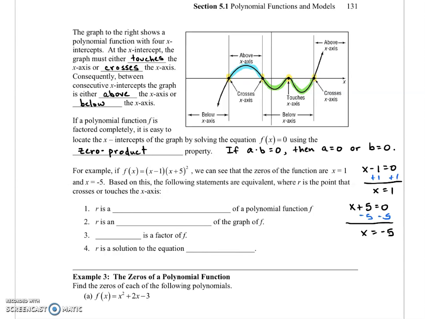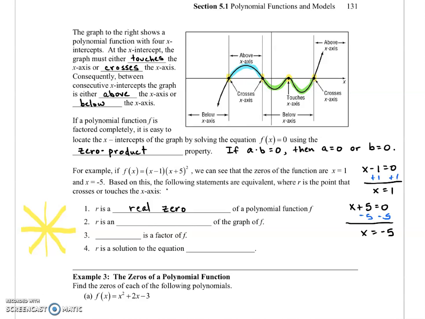So based on these facts, the following four statements are equivalent, meaning that they all mean the same thing. These are very important because we're going to be using these a lot in the rest of this section and in section 5.5. One of the statements is: r is a real zero of a polynomial function f.